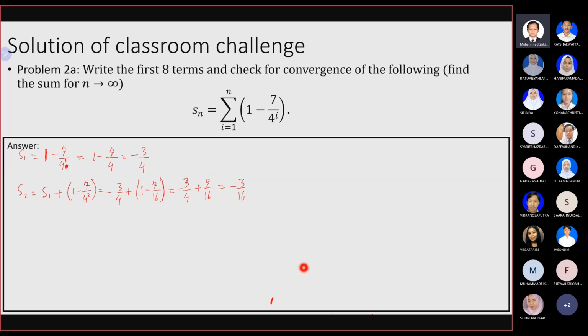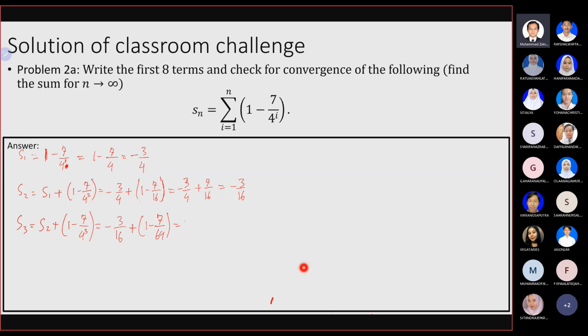Minus 3 over 16. And S3 is S2 plus 1 minus 7 over 4 cubed, which is minus 3 over 16 plus 1 minus 7 over 4 cubed, 64.